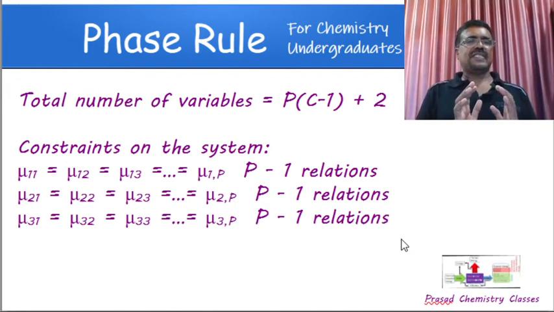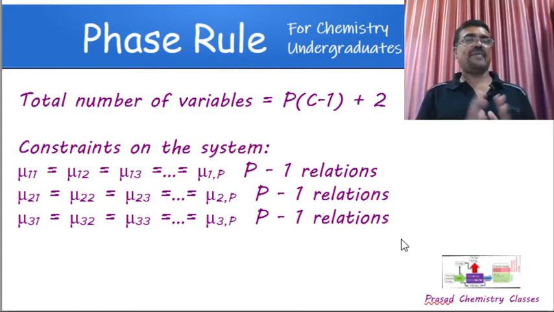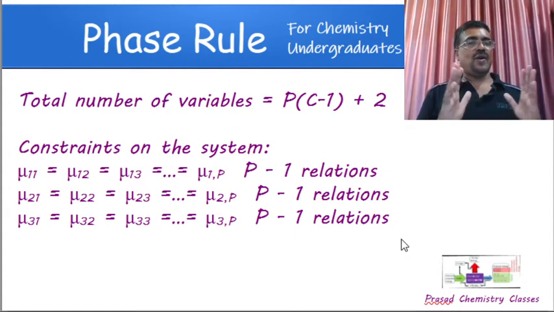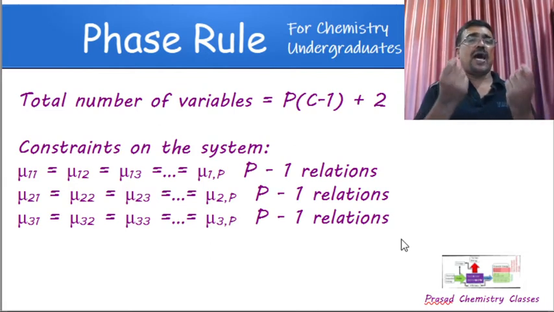Now, if a system is in equilibrium, there are constraints. That is from thermodynamics. The chemical potential of a component in all of these phases should be the same. That is the thermodynamic constraint. Then only these phases can be in equilibrium. Chemical potential stands for what we call partial molal free energy.